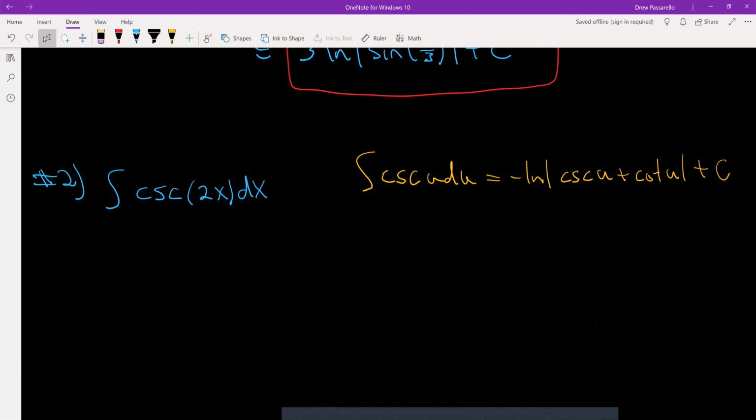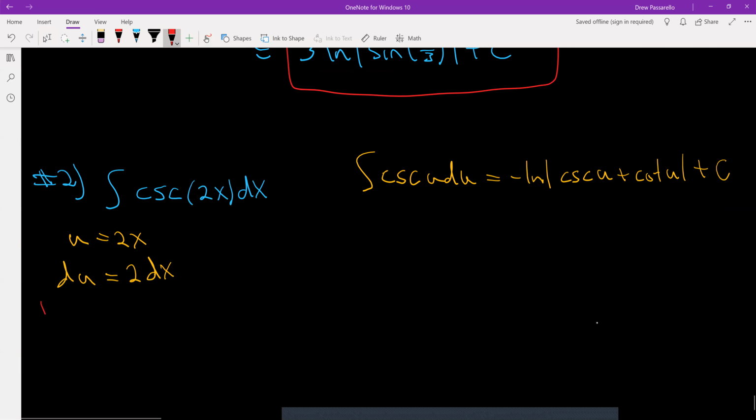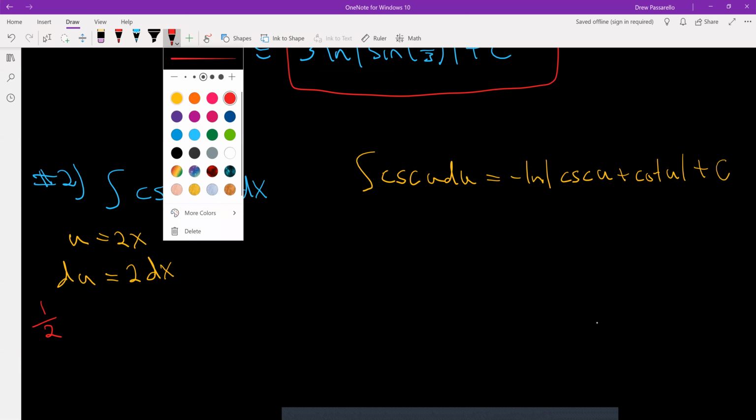So u is going to be whatever we're taking the cosecant of, so u is 2x. Taking the derivative of 2x gives me 2, because it's 2 times 1. So du is equal to 2, and then I latch on the dx. So I need to multiply both sides by a half, so that I can substitute 1/2 du in for dx.